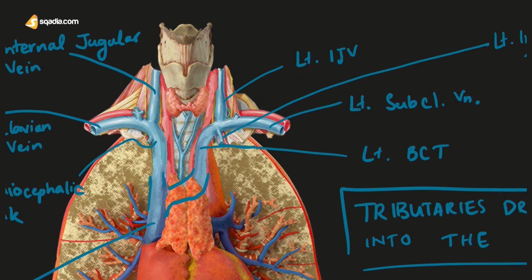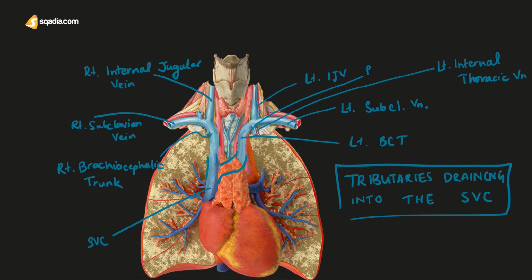So you can see over here, this tiny little vein over here, this is the pericardiacophrenic vein. So let's write this over here. And this accompanies the pericardiacophrenic artery and the phrenic nerve into the thorax along the right and left sides of the mediastinum.